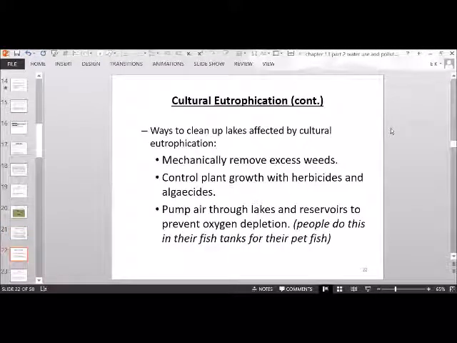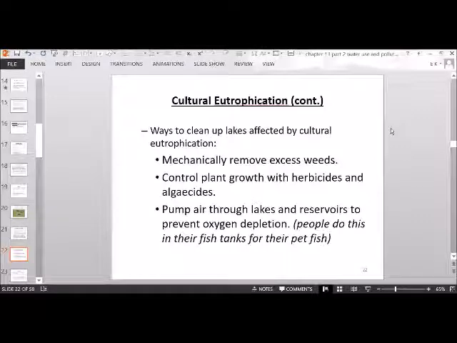There are ways to clean up lakes that have been affected by cultural eutrophication. We could mechanically remove excess weeds, control plant growth with herbicides and algicides, and you can also pump air through lakes and reservoirs to prevent oxygen depletion. And that's similar to how some people with fish tanks might add oxygen.